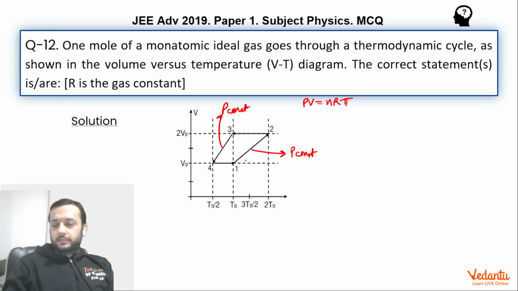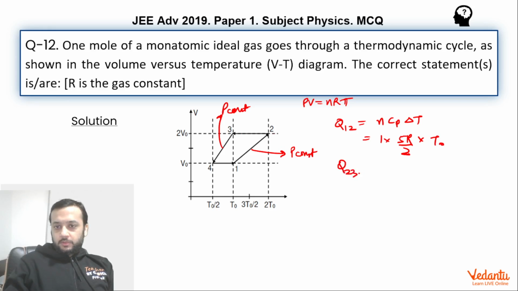Now if we talk about Q12, Q12 will be simply n Cp delta T, right? n is 1, for monatomic Cp is 5R/2, and delta T from 1 to 2 is 2 T naught minus T naught, so it becomes T naught.